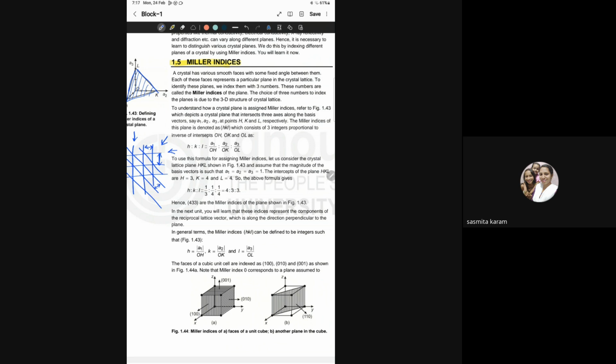It is telling you very clearly here. The Miller indices of this plane, HKL, consist of three integers proportional to the inverse of the intercepts OH, OK, and OL.